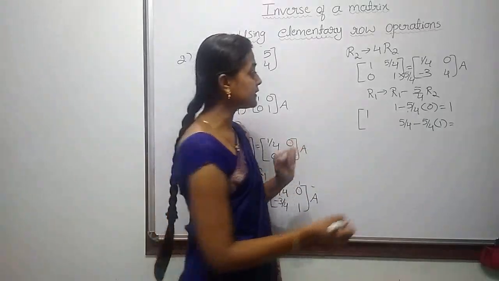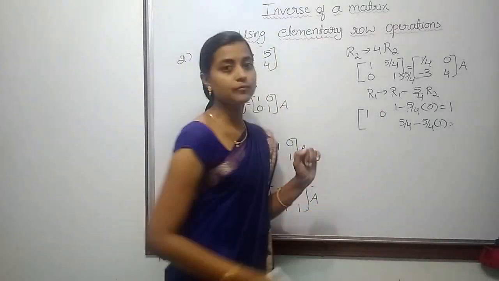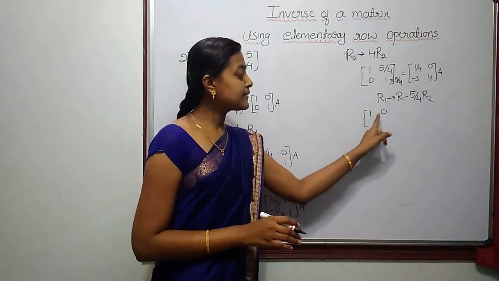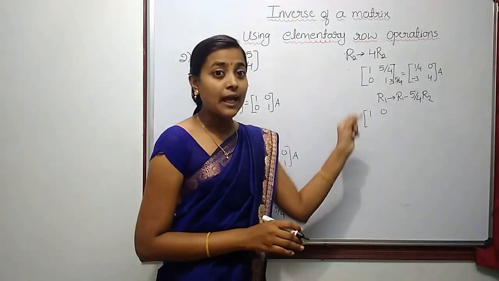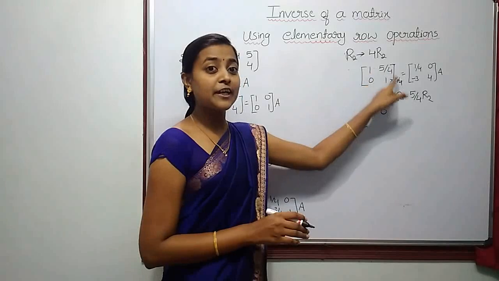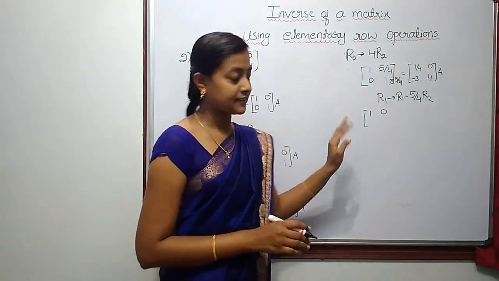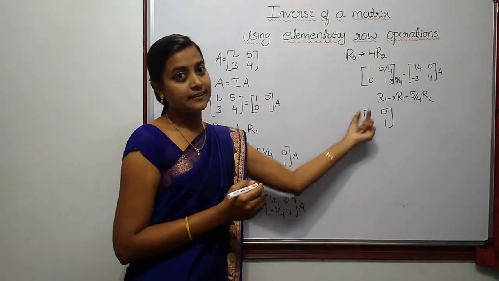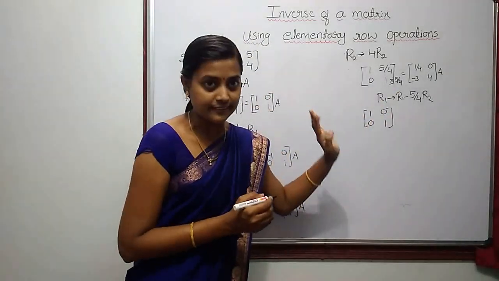I will write the 0 here. We have changed the elements of first row. Now, the elements of second row are written as it is. I have written 0, 1 in R2 as it is.